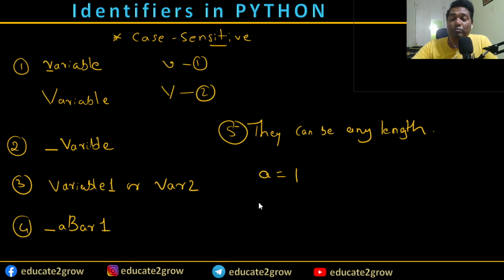Instead of that, if you specifically want to mention the meaning of that count, then we can say apple underscore count equals 1, like that. So this is how we need to write identifiers in Python programming. Let's continue to the next topic.